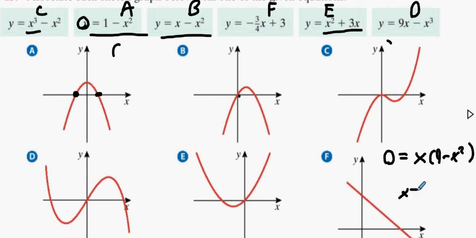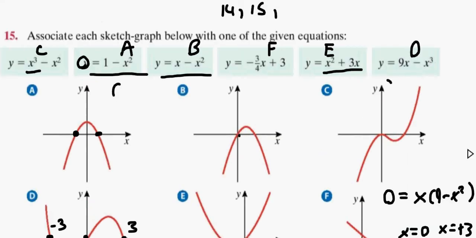X equals 0, x equals plus 3, or x equals minus 3. And you can see that's minus 3, plus 3, and the 0 in the middle. Is that right? Same deal. Alright, 15 done.